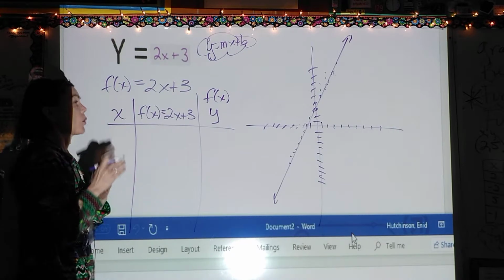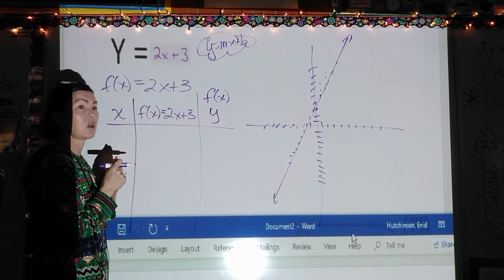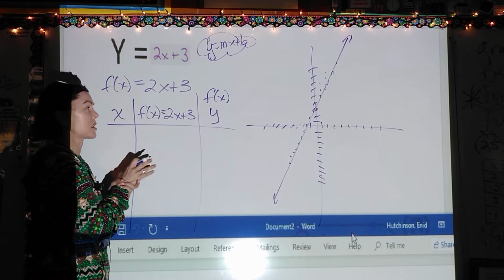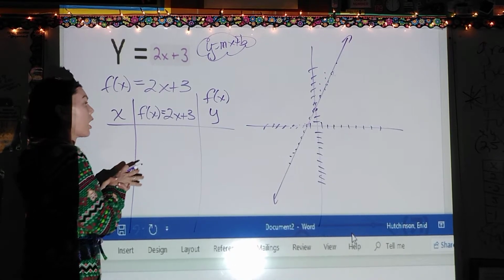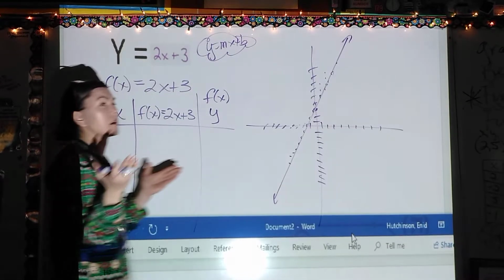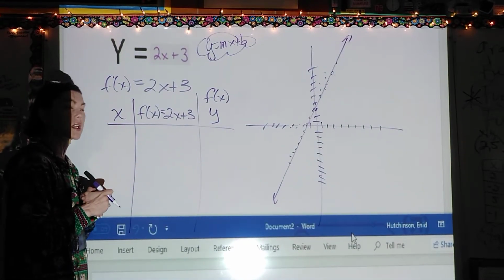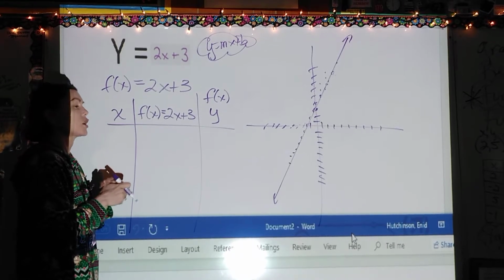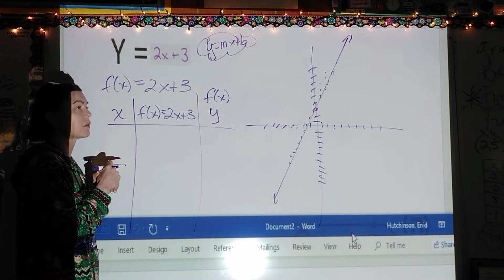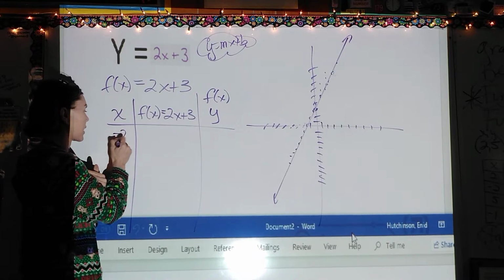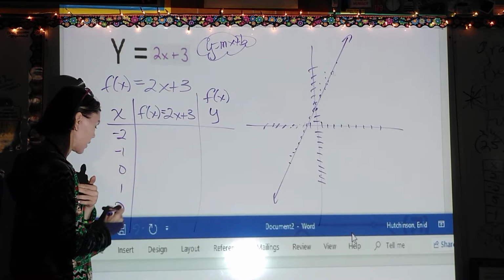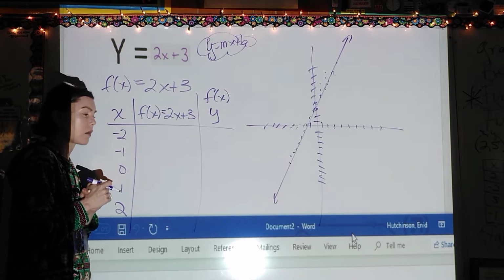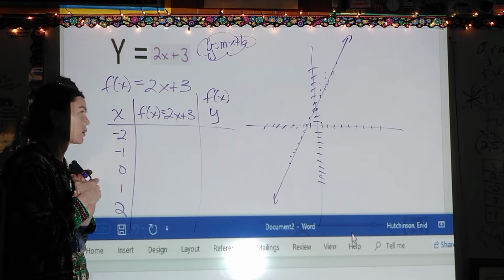So when you're doing this, and this is what I'd like you to do, because this function table is basically telling you what all the ordered pairs on our linear function are. So when you're choosing the x values, always start with negative numbers and then go to the positive. So -2, -1, 0, 1, and 2. So don't ask how did we get those x values? Because that's just what we chose and we kept it super easy.